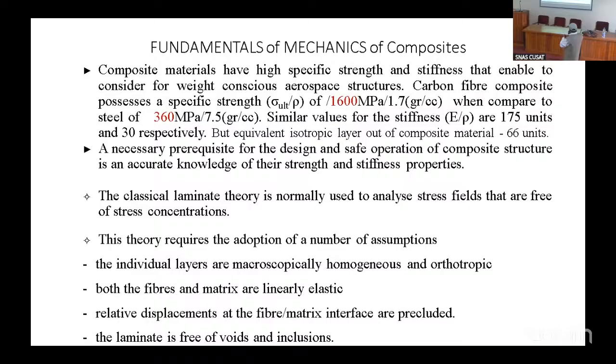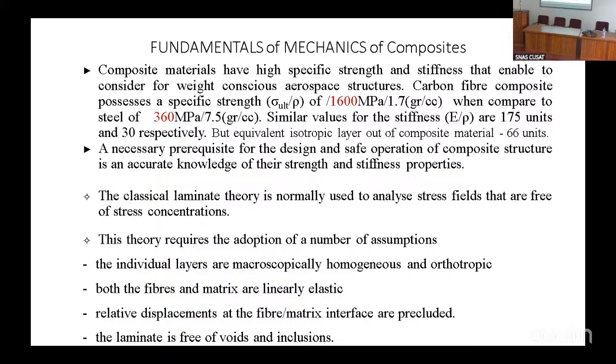See, 360 MPa is for steel, whereas for composite material it is 1600 MPa. But this is a pseudo number. Pseudo number means you should have an equivalent isotropic material, meaning all directions.